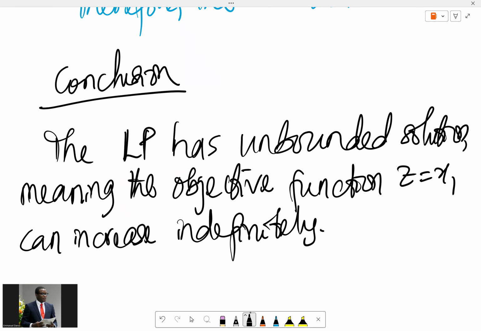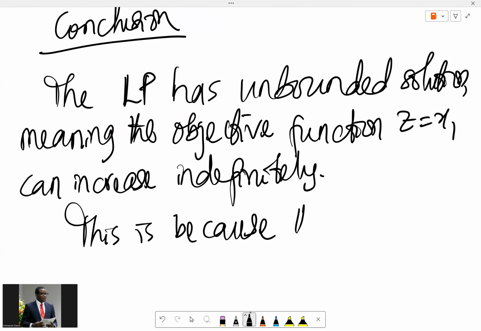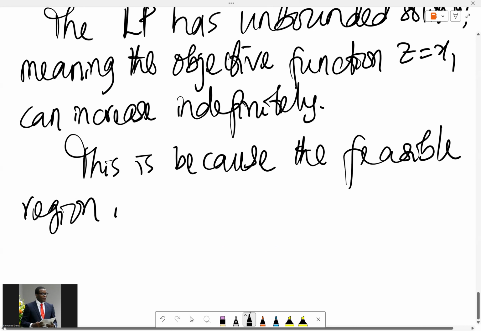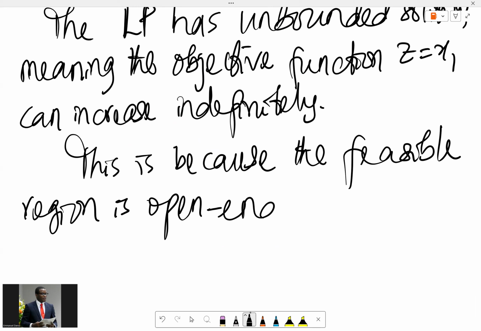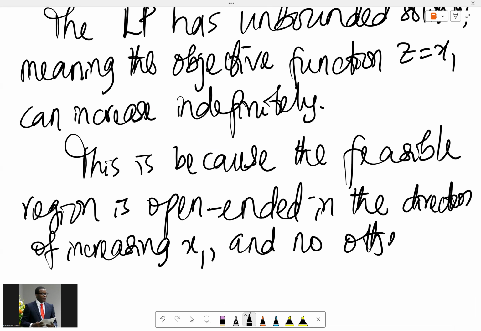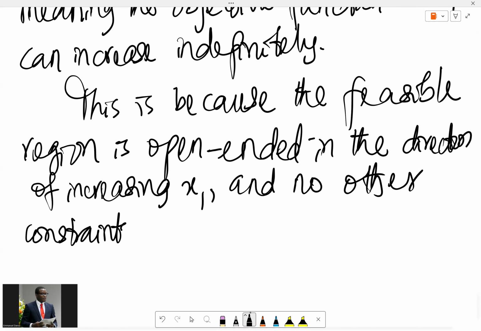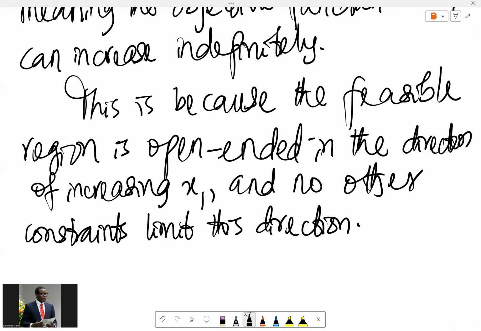This is because the feasible region is open-ended in the direction of increasing x1, and no other constraints limit this direction. Okay, so that's the idea of unboundedness.